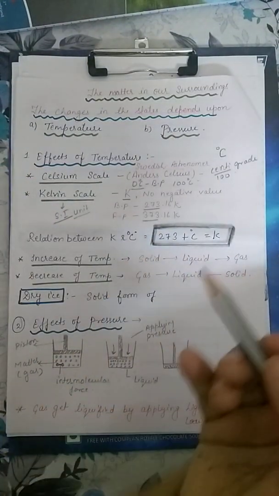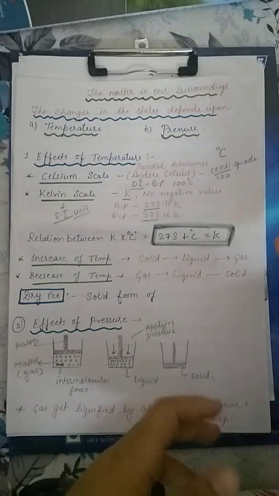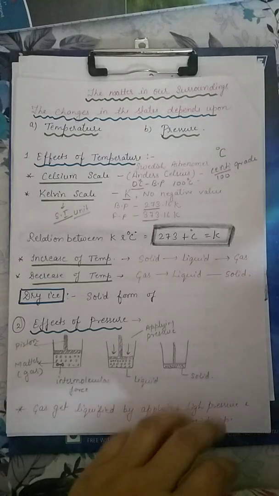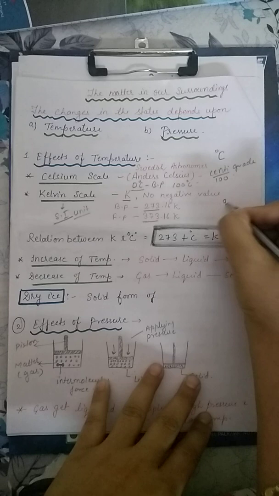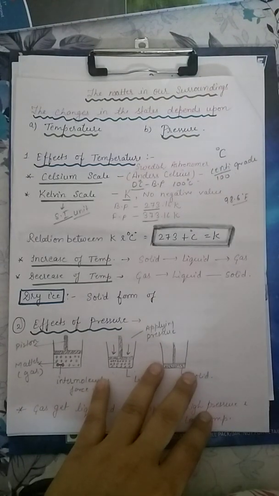Now there is a relation, and the third scale is Fahrenheit. In our house we use a thermometer that contains mercury, and generally we measure our body temperature in Fahrenheit. 98.6 degree Fahrenheit is our ideal body temperature.